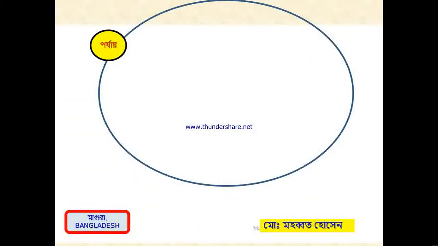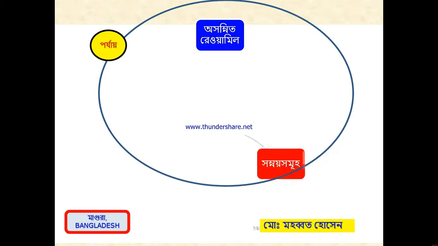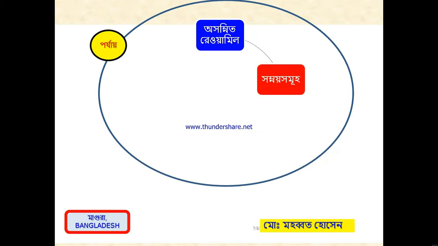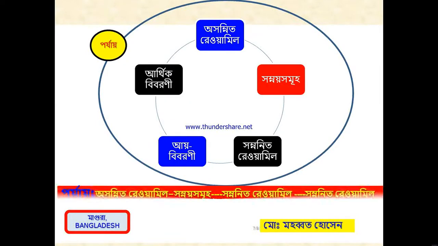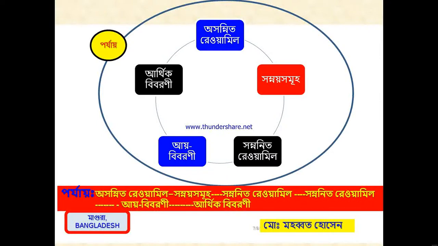So a worksheet has some steps. Number one, unadjusted trial balance, adjustment, adjusted trial balance, income statements, and balance sheet. So it is the combination of a worksheet in case of sole proprietorship organization.